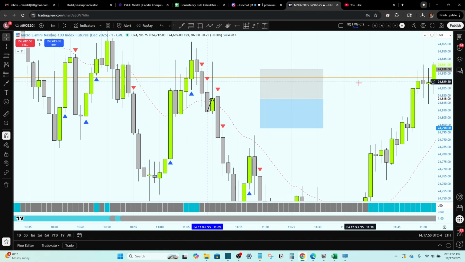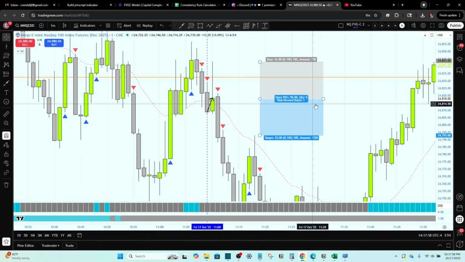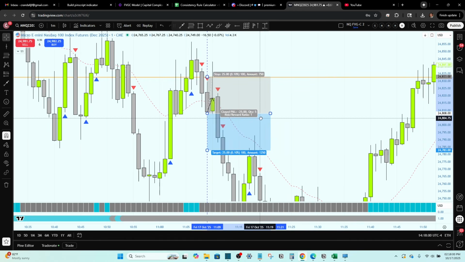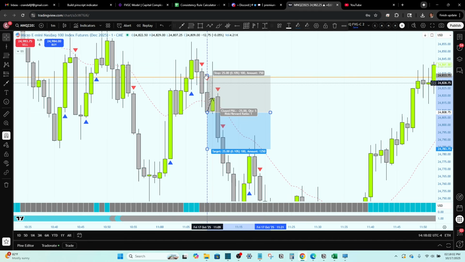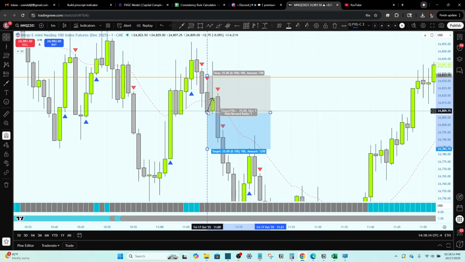And the way that I've been entering is I've been doing 25 points or 30 points, just depends. I've been doing 1-to-1, 25 point, and I'm just going to move it over to the original signal candle here. So it doesn't mean that I'm entering on this candle. What I'm doing is I'm putting the position tool here at the close of that candle.